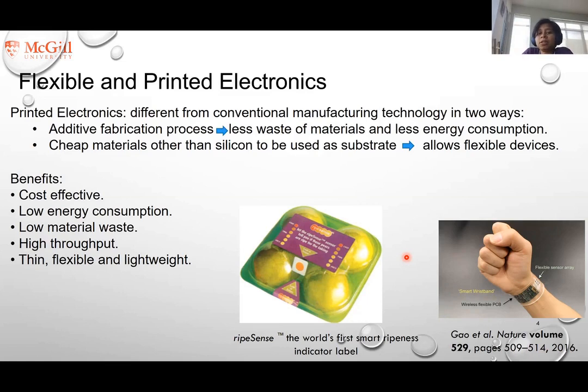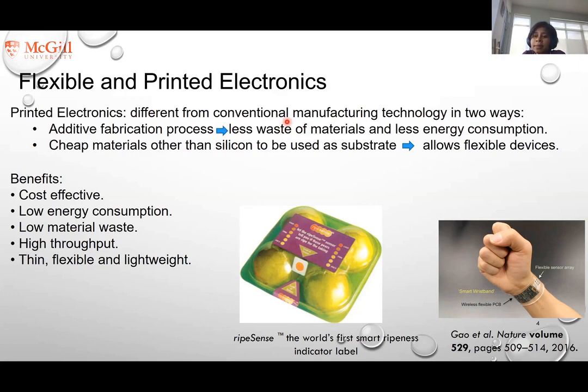Normally when we are using electronics these days, they are all made with conventional microfabrication technology. So there are all these standard CMOS processes, or standard silicon-based fabrication processes that we use to make them. Printed electronics, I wouldn't say it's a new area.